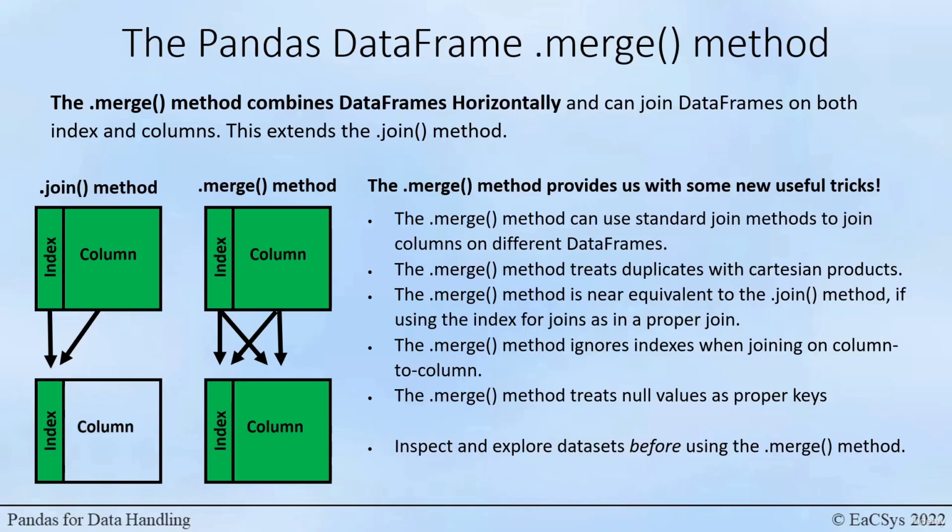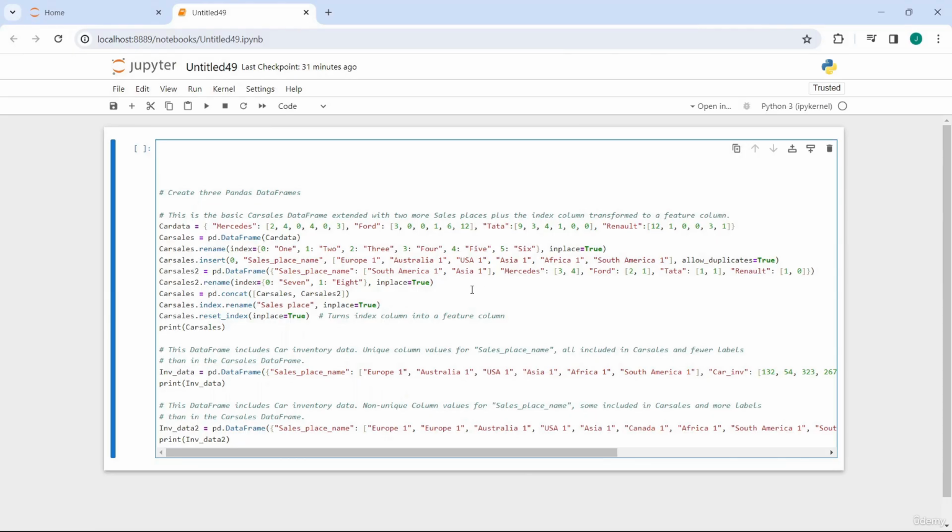So all right, now we'll type some code, so start up your code editors. All right, having started our Jupyter Labs notebooks, we will now type some pandas data frame merge code.